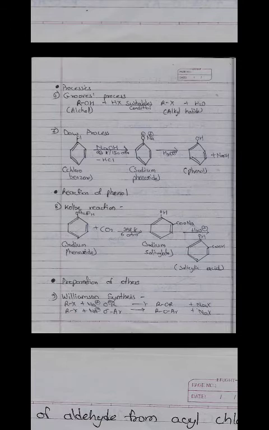So next is the reaction of phenol. The reaction is Kolbe's reaction. In this Kolbe's reaction, sodium phenoxide plus CO2 acts as a reactant under 6 atm pressure and 398 Kelvin temperature. It converts into sodium salicylate.